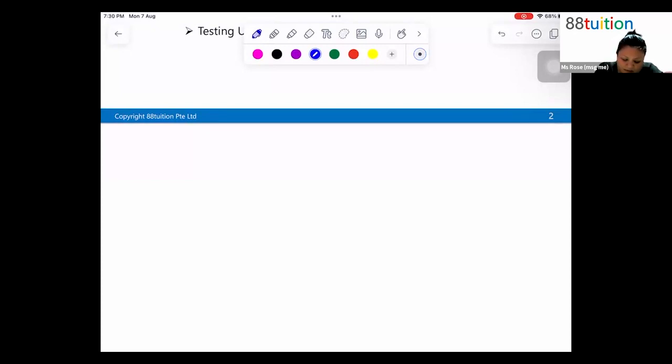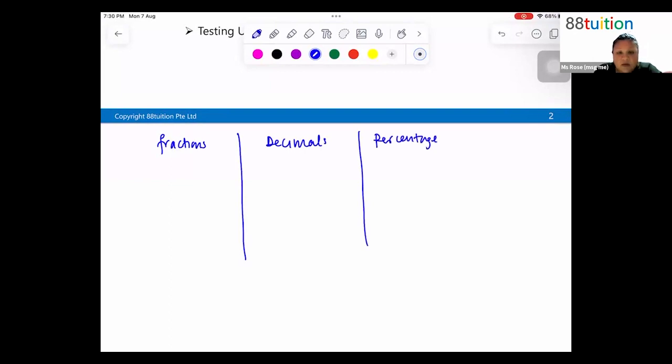Okay, so we have fractions, decimals, and percentage. So very quickly, question 8.